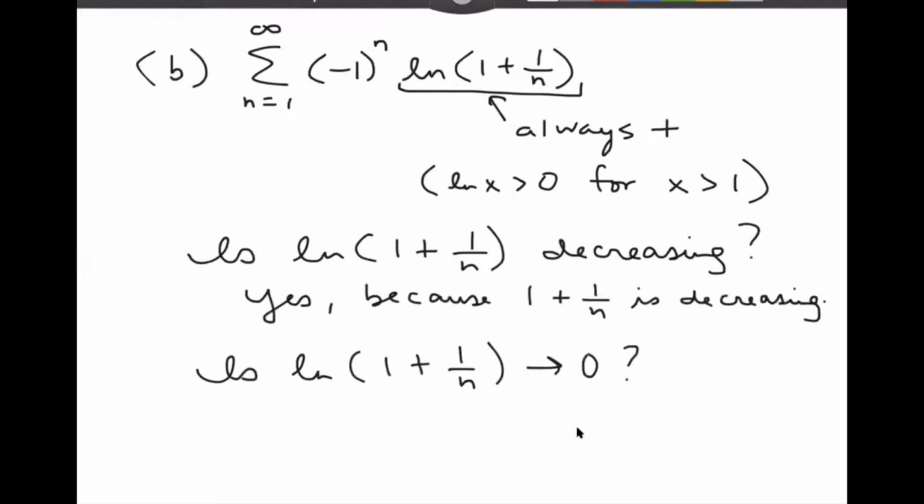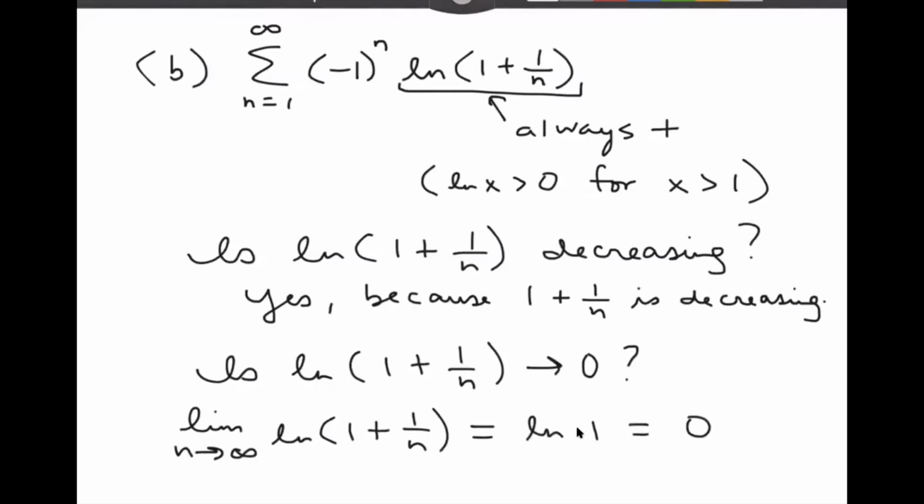And again, the answer is yes, because as n increases without bound, 1 plus 1 over n approaches 1. So this limit is equal to natural log 1, which is 0. So the answer to that question is yes.